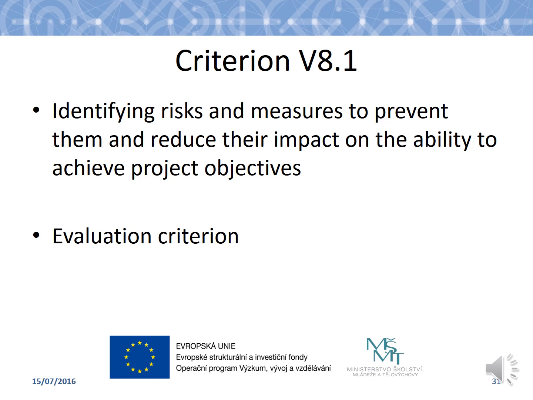Evaluation in the first round should involve risk analysis related to the areas that are the subject of evaluation in the first round. The chapter on project risk is also divided into two parts in the feasibility study. Criterion V 8.1 is an evaluation criterion.